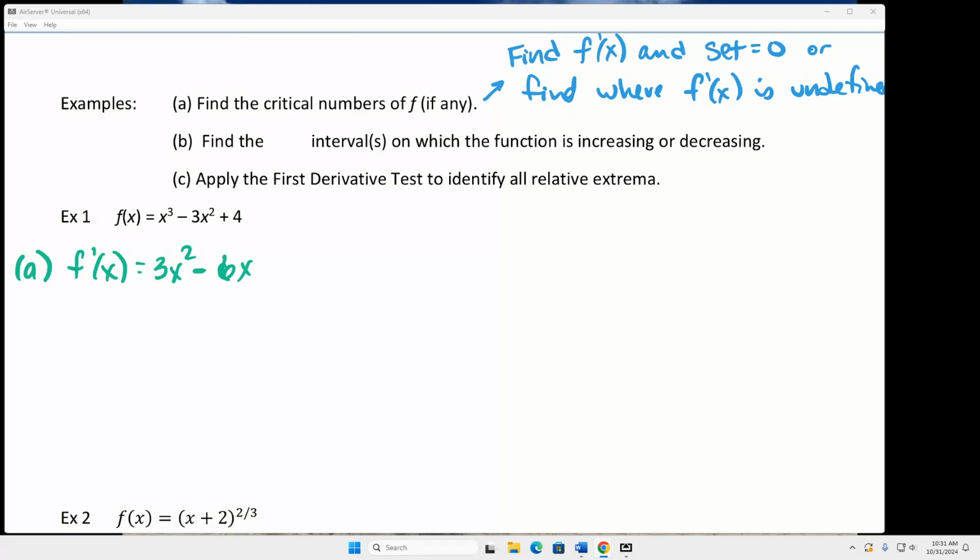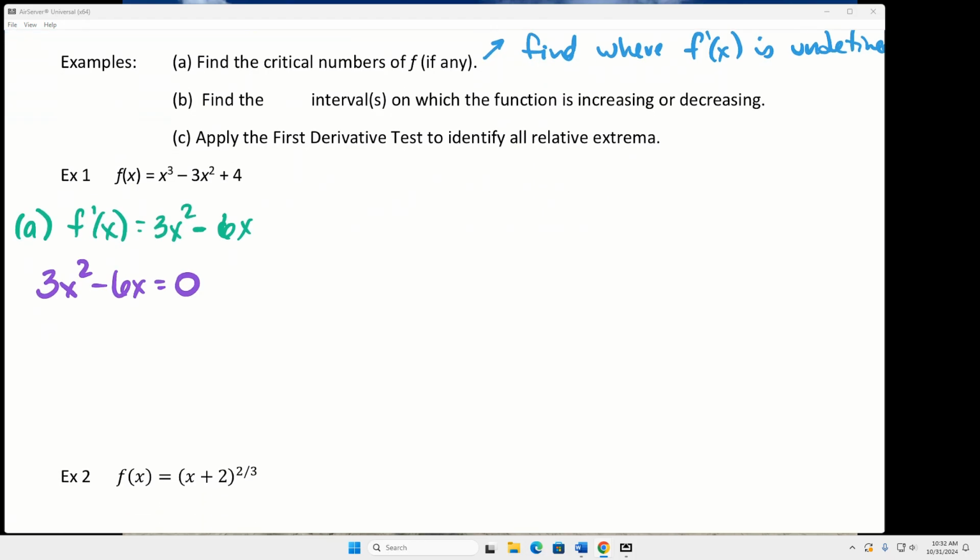Now, this is a polynomial function. The original function was polynomial. The derivative is also a polynomial, but a polynomial function is never going to have a place where the derivative is undefined, but we should have at least one, maybe two values in this case where the derivative is 0. So we'll set it equal to 0 and then just use some algebra to find our critical numbers of 0 and 2.